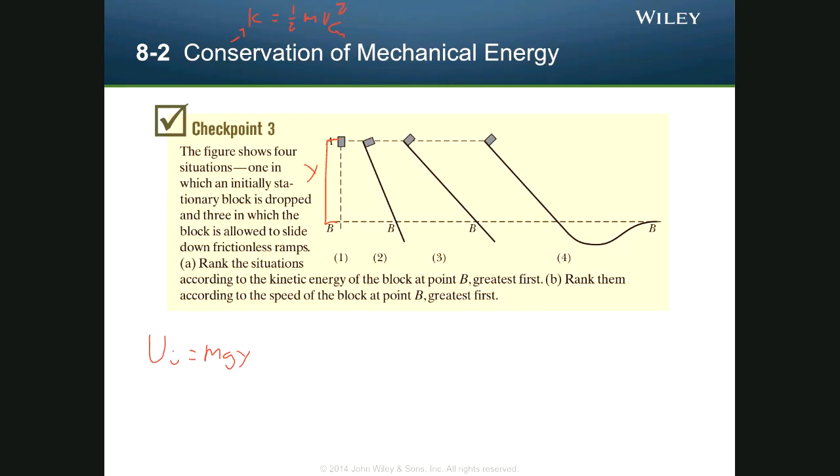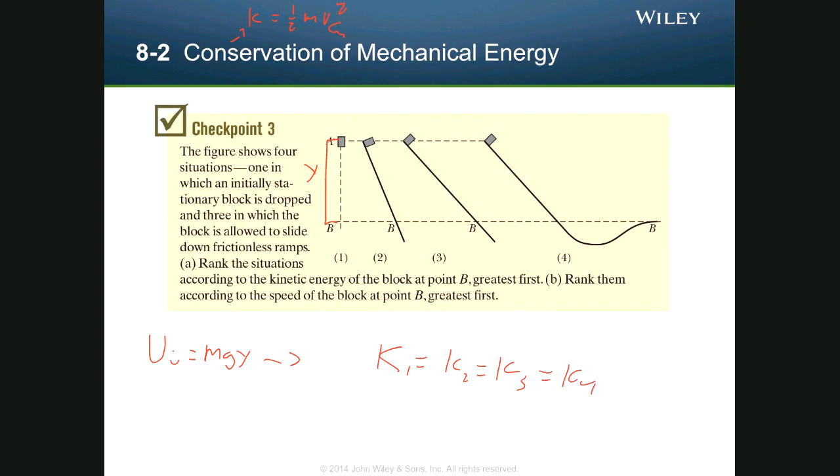So in this sense, we can say that each one has the same amount. When they get to B, they'll all lose the same amount of potential energy, which will translate to them all having the same kinetic energy, right? So K1 will equal K2, will equal K3, will equal K4.